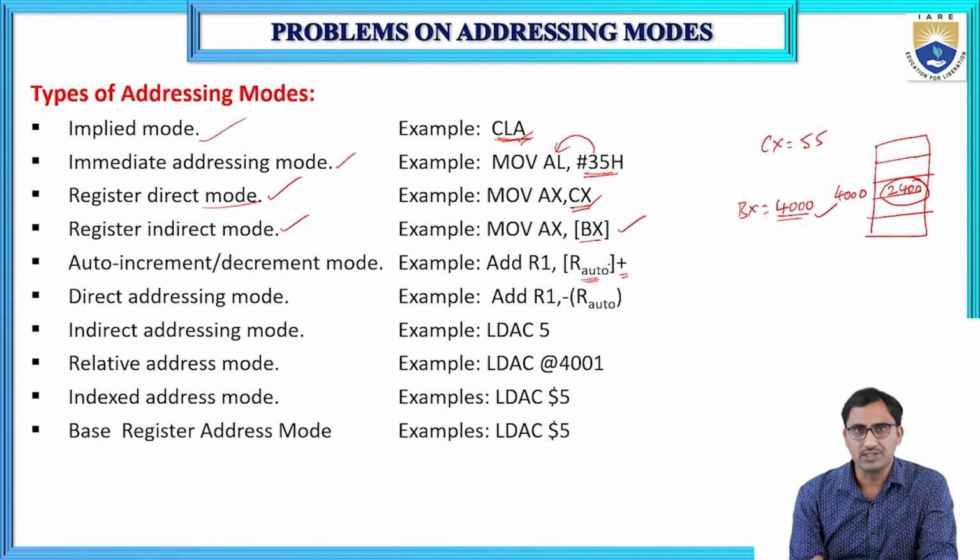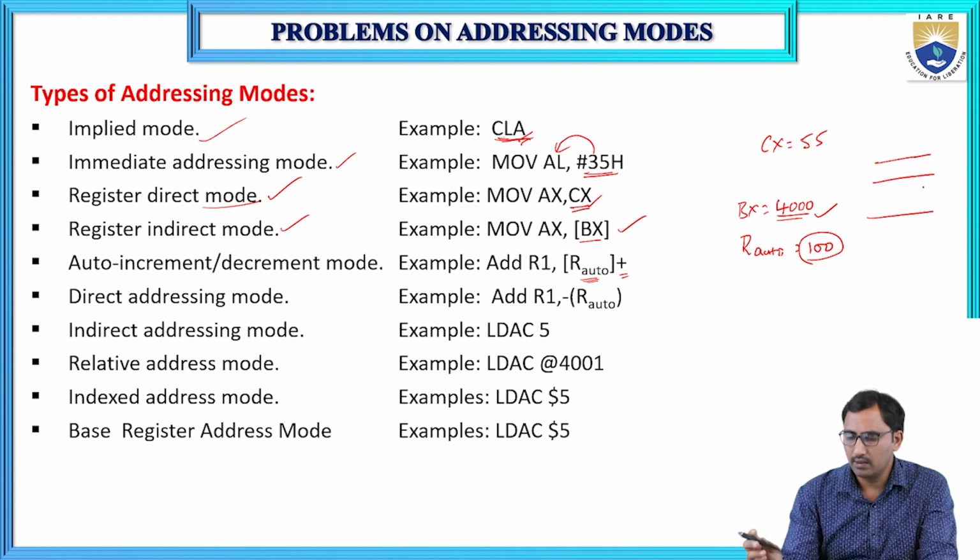R contains the effective address. Suppose R is equal to 100. So 100 is the effective address, and it will go to location 100 in the memory.